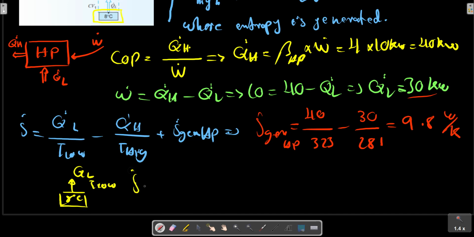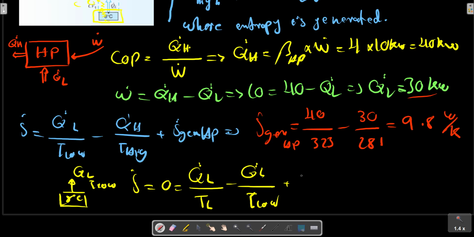S dot is Q dot L to TL, at first the temperature coming from this surrounding and from this surrounding to 10 degrees, minus Q dot L on T low plus S generation for the underground. It can be calculated.